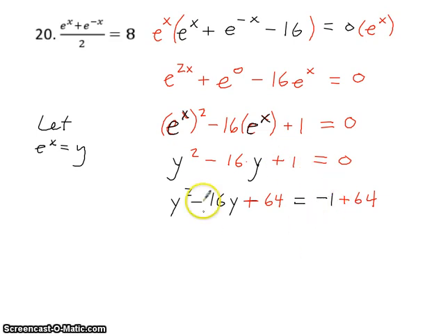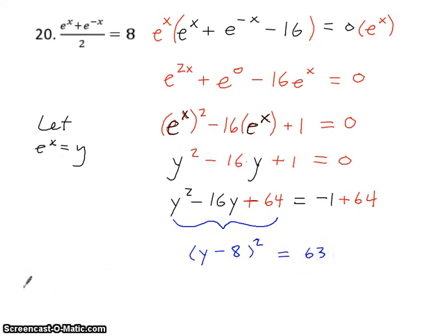We have a negative 1, and half of negative 16 to the power of 2 is 64. And that gives us a perfect square trinomial on the left. And so we can break apart into two of the same binomials. So we have y minus 8 squared is equal to 63.